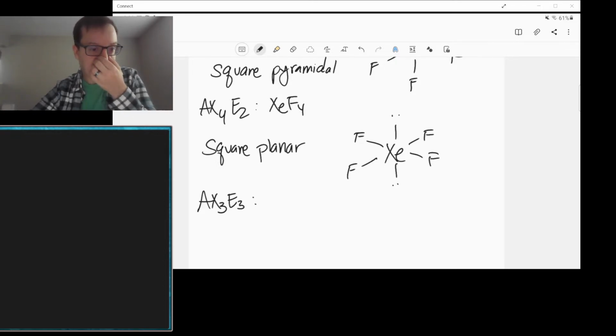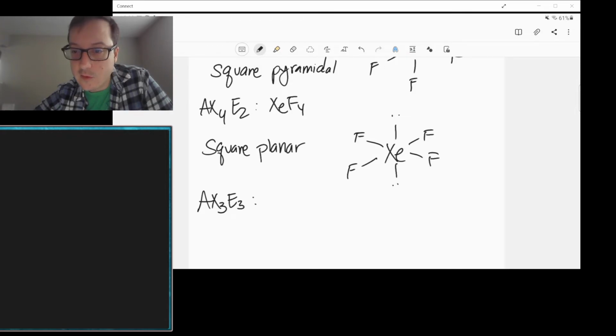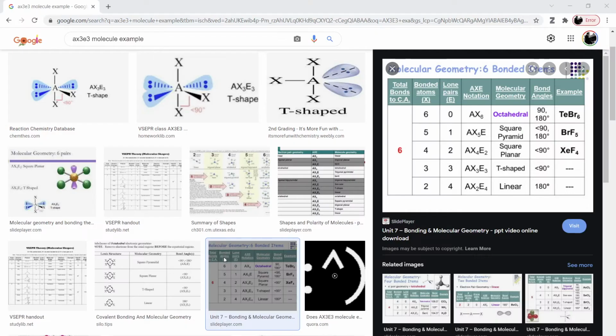AX3E3. What would be an example for this? I can't really think of anything that would fit this category. Well, no wonder. There aren't any. So, go figure. So there aren't any, but it would be T-shape, yeah.